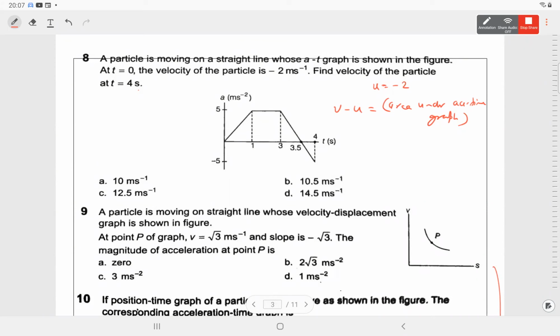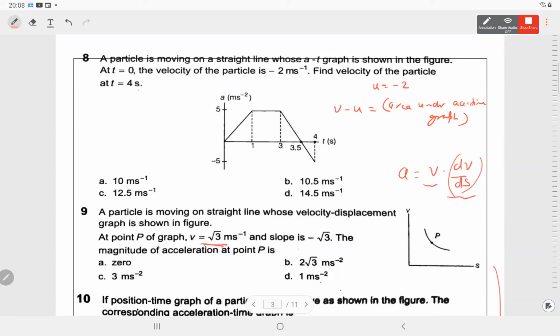And now we have to find the magnitude of acceleration at point P. So if the V versus X graph is given and we need to find acceleration, acceleration is V into dV by dx. यहाँ पे x को ऐसे represent करें तो V into dV by dx. V is the velocity at that point, which is given.